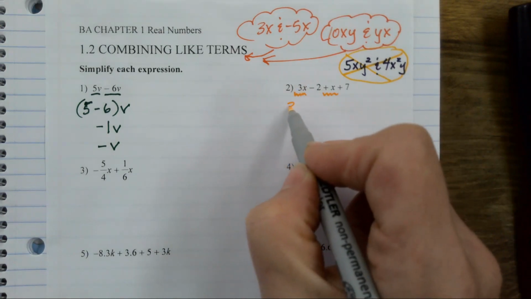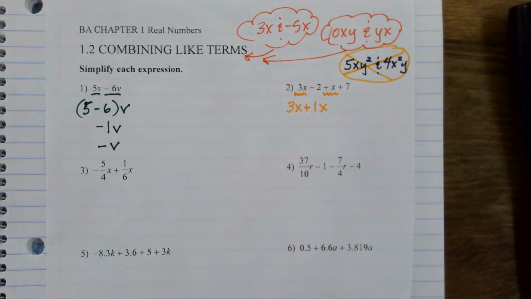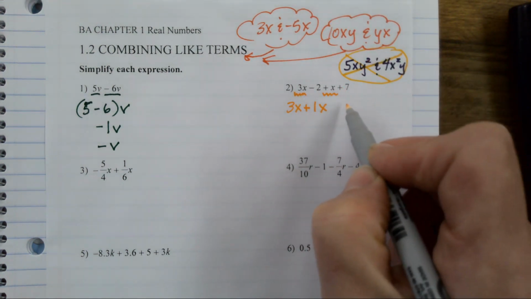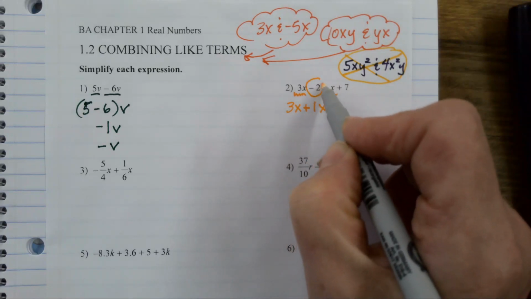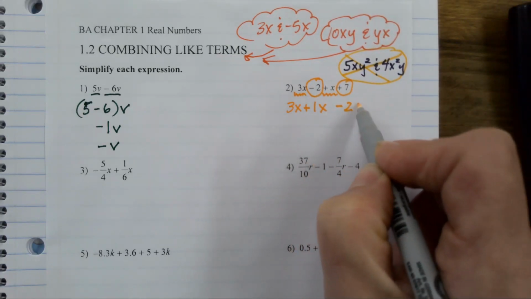The 3x goes with the plus 1x. Wait a second, where'd the 1 come from? Yeah, if we don't see that number in front of there, we assume it's a 1. Okay, and then the next group would be the minus 2 and the plus 7. So I treat that as minus 2 plus 7.